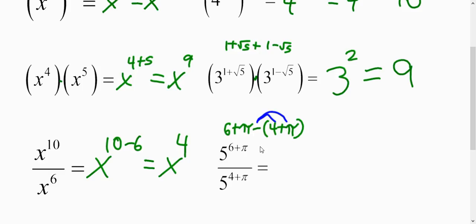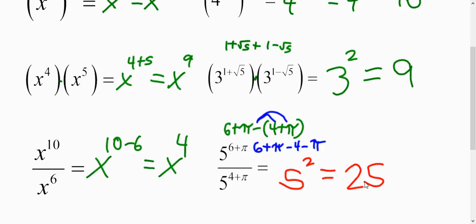So it's really 6 plus pi minus 4 minus pi. So now when we keep the base, which is 5, 6 minus 4 is 2. Pi minus pi cancels out. So it's really just 5 squared, which is 25. Whenever there's numbers, just do the actual multiplying it out.